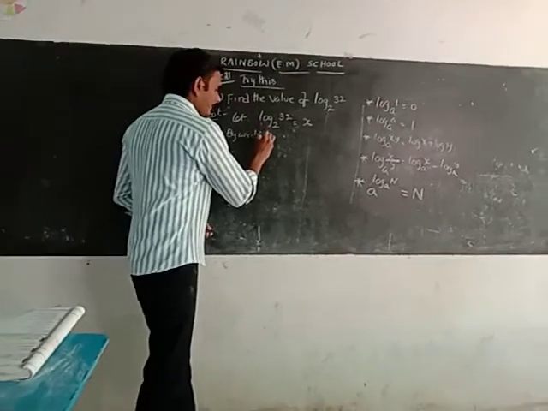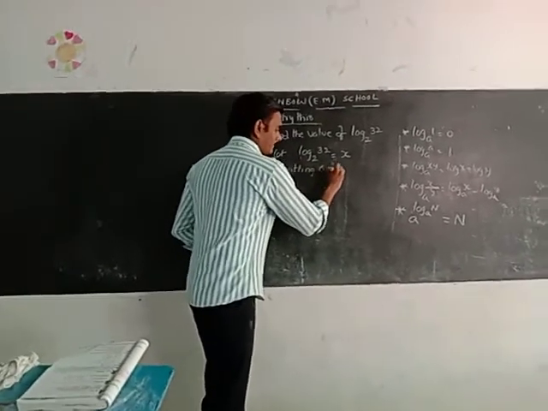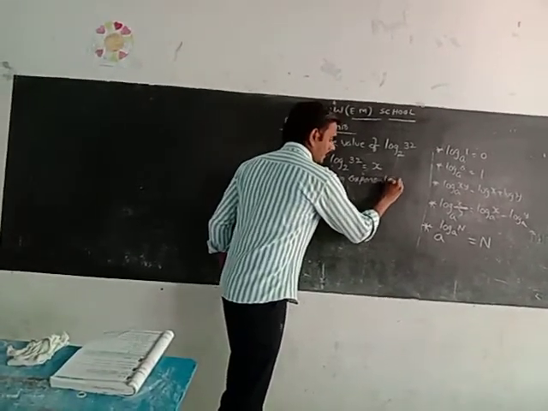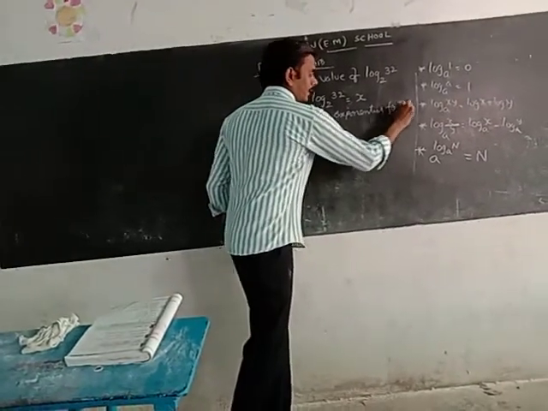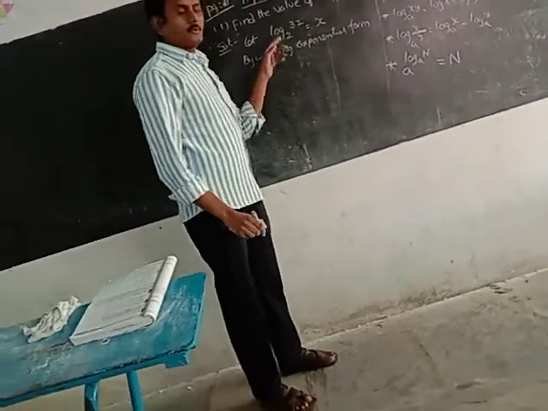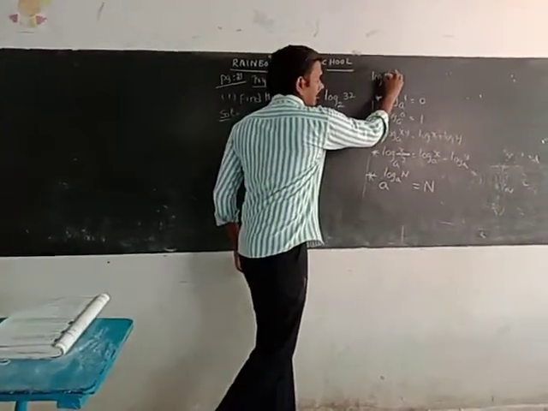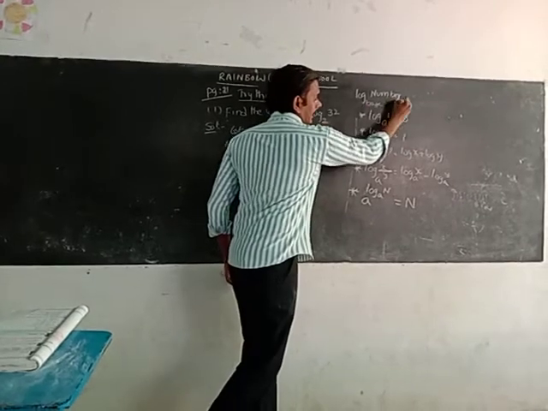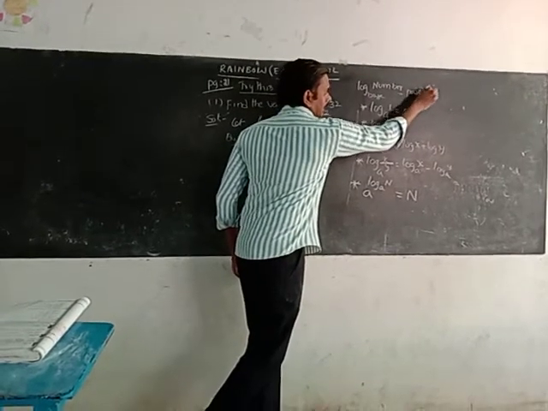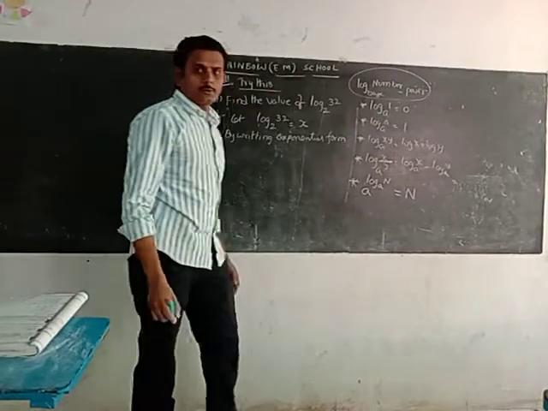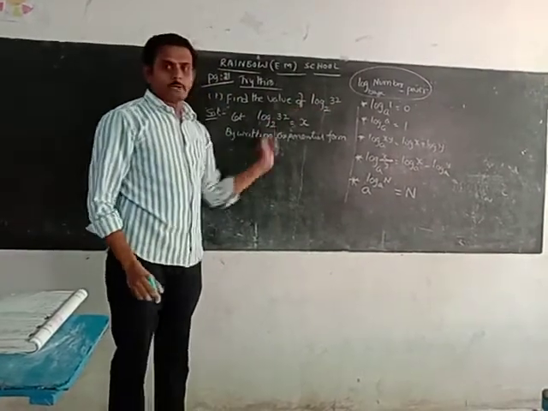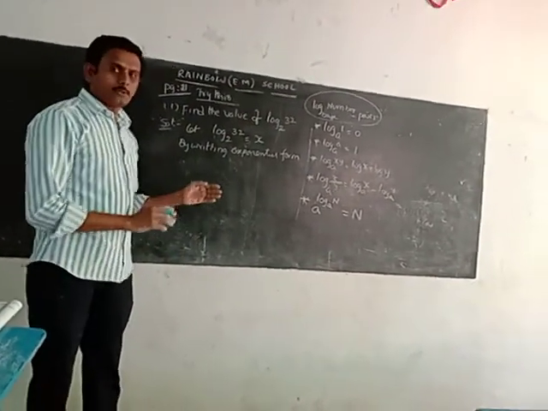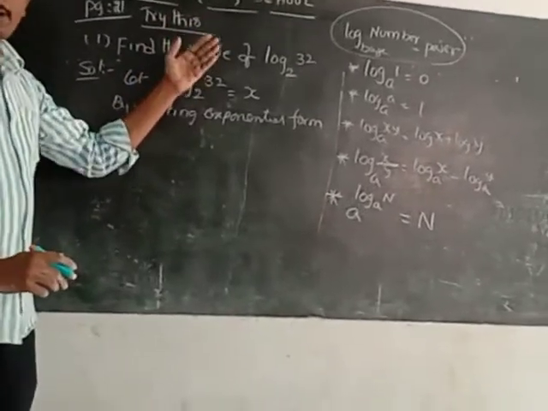Okay, for this, what is the basic form? We recall that one. Log number base equal to power. This is the basic logarithm form. Exponential form means base raised to the power equal to number.